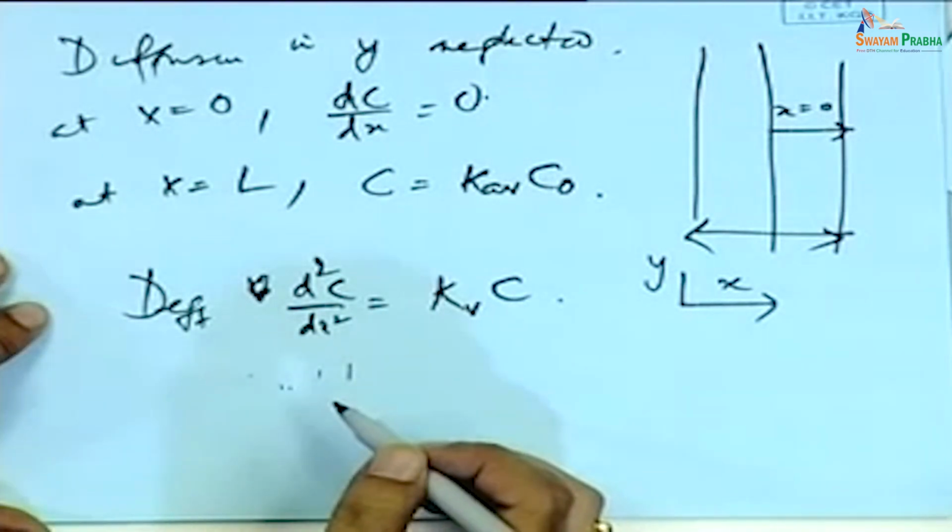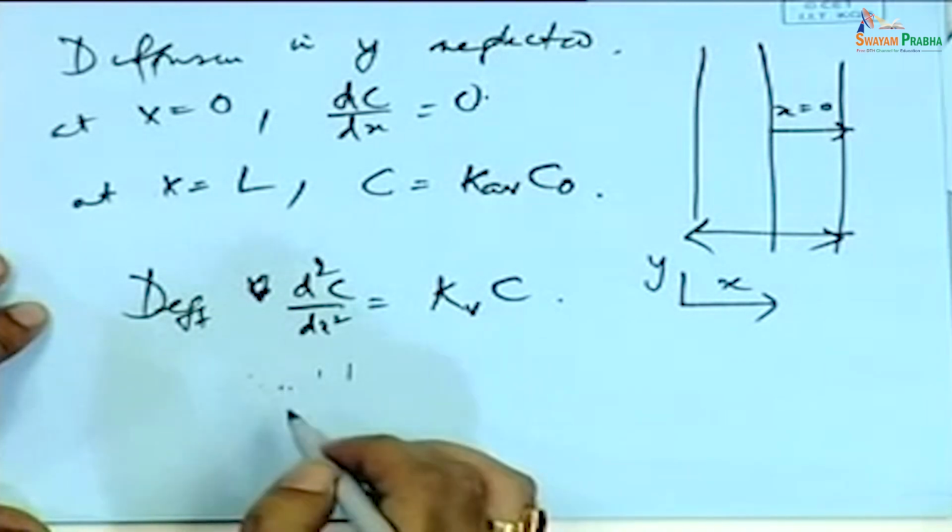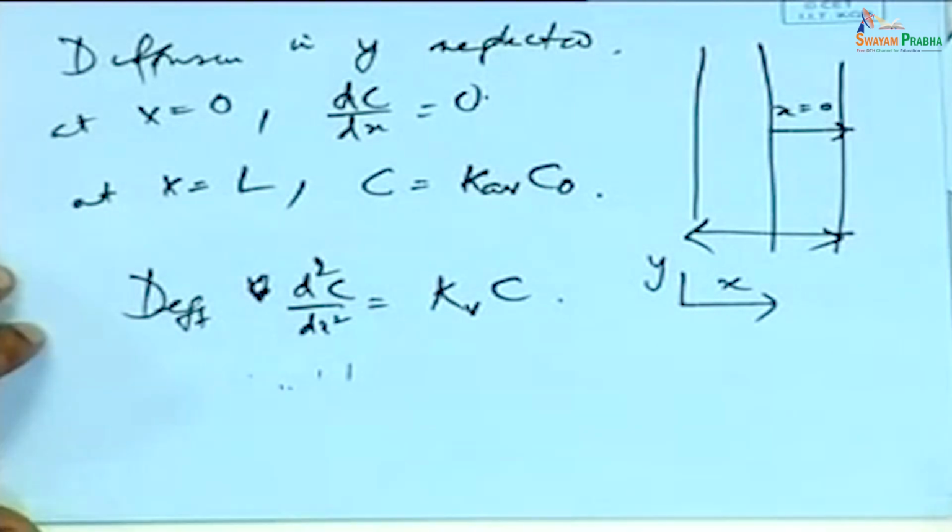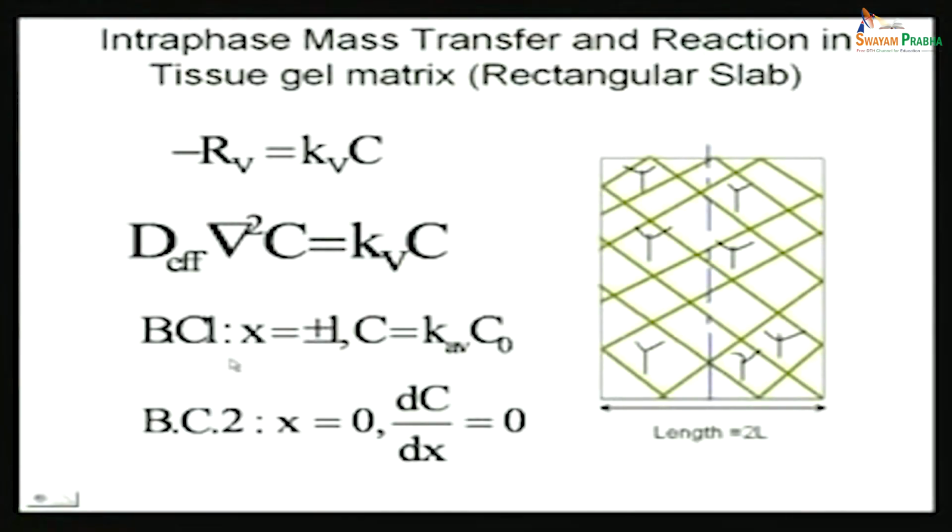What is the solution of this first order problem? No, look carefully. First you have to see what is physically meaningful. A sin x, B cos x. What is the problem with that? You will have a sinusoidal wave of concentration inside the matrix. Is that physically meaningful?